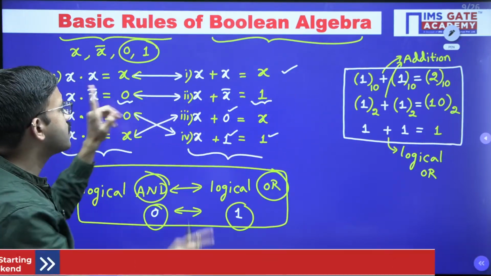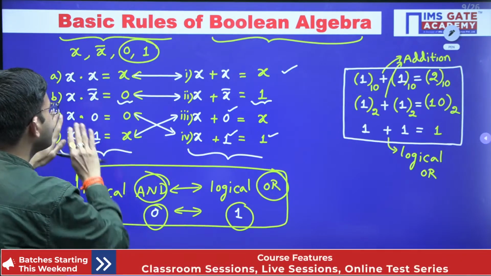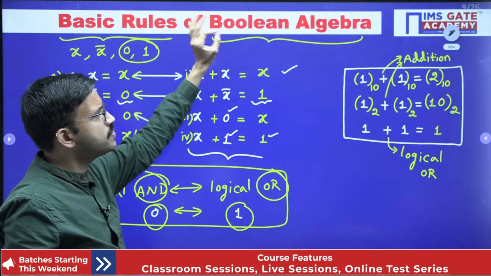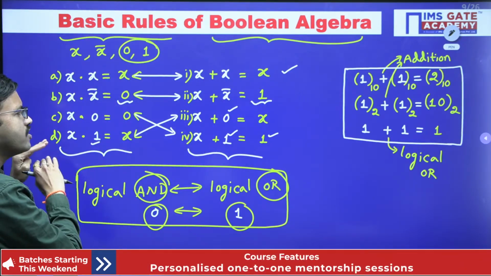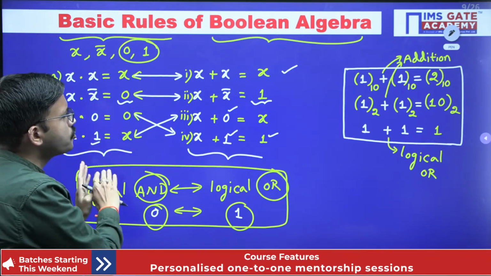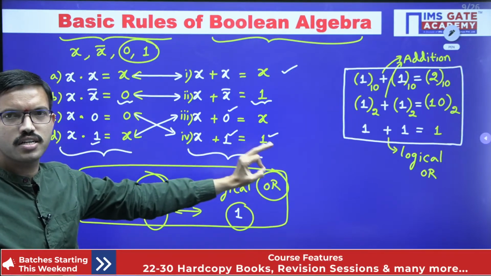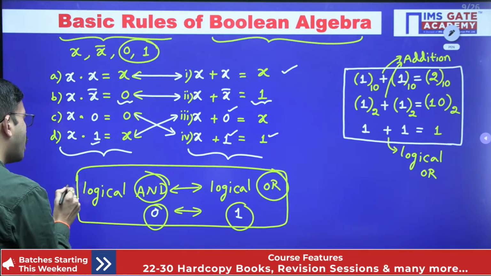But those two equations are not equivalent. What I mean to say is, if you are having one Boolean function with the help of the Boolean algebra basic rule, you are going to have one more corresponding Boolean function, provided you do these two operations.